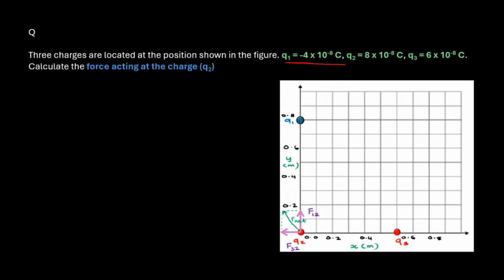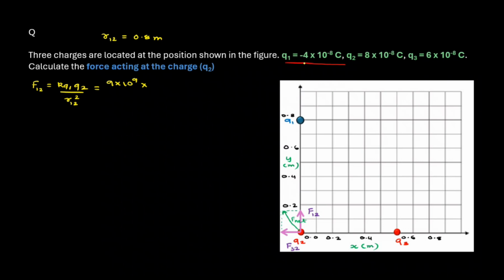In order to calculate Fnet, we need to first find the magnitude of these individual forces, F12 and F32. So we can write F12 as k Q1 Q2 over R12 squared, where R12 is the distance between Q1 and Q2, which from the figure is 0.8 meter. So let's substitute the values. k we will take as 9 times 10 to the power 9.